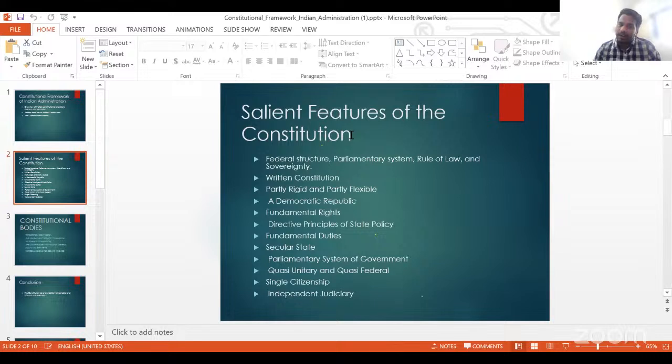In that way, we can call India quasi-federal and quasi-unitary in nature. And single citizenship: India has a single citizenship, that is Indian citizenship only. And we have an independent judiciary, to not override the laws made by the parliament with respect to the constitution of India.